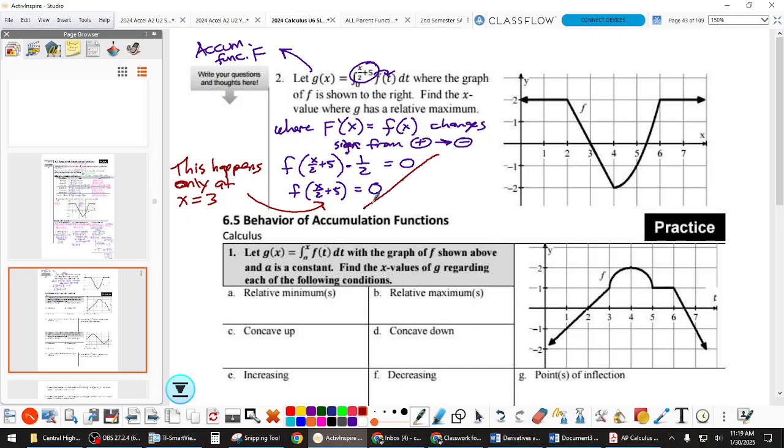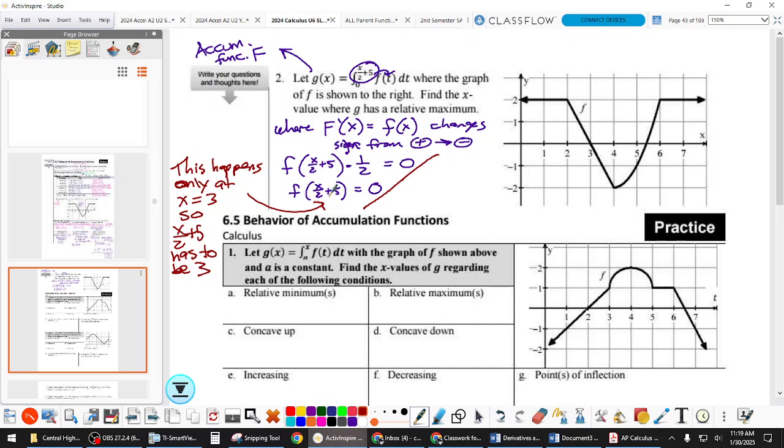This has to be 3. Right? So x over 2 plus 5 has to equal 3. In other words, if I force this to be 3, f of 3 is 0, the 0 where it goes from positive to negative, okay? Does that make sense now?